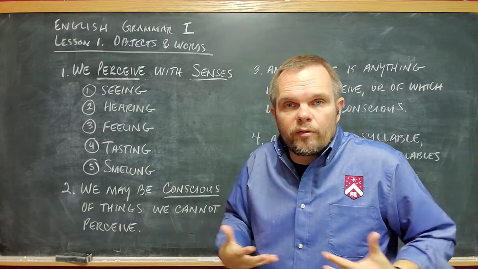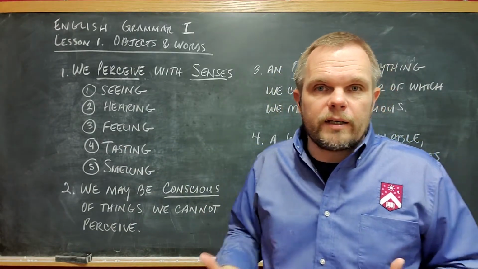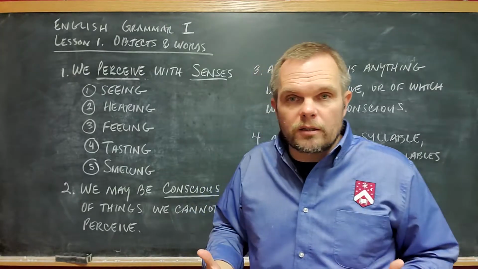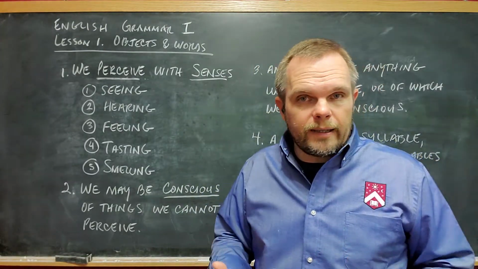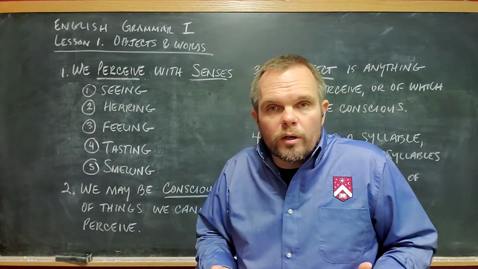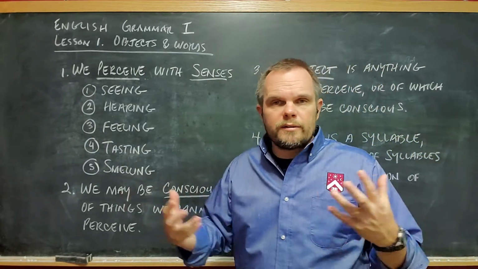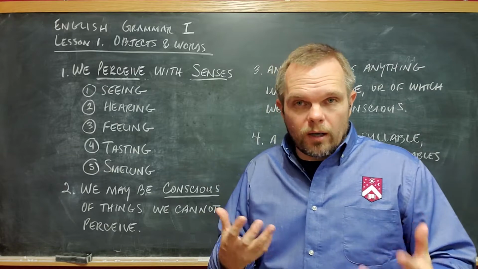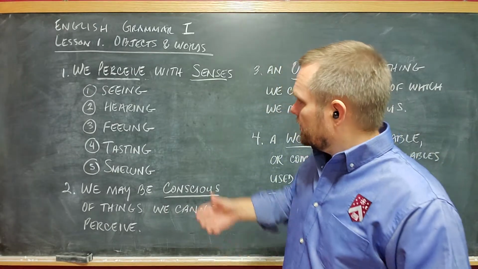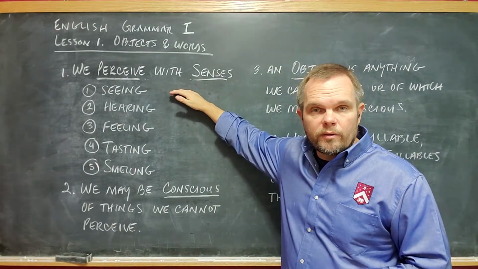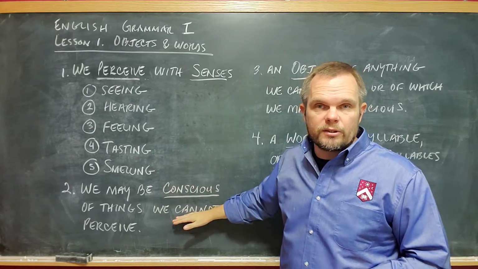But we also have feelings, a different kind of feeling, and we can feel things like happiness, sadness. We can feel bored. We can feel tired. We can feel confused. All these different ideas are also objects that we can maybe not perceive, but we can be conscious of them.